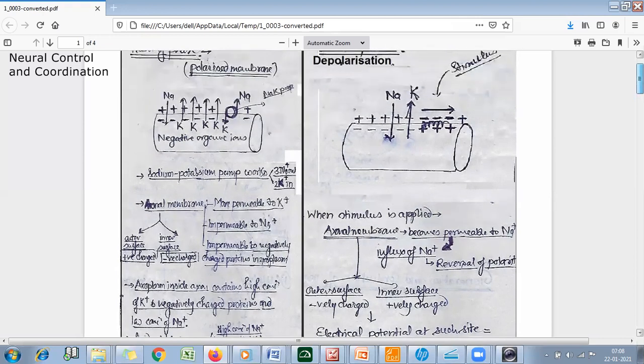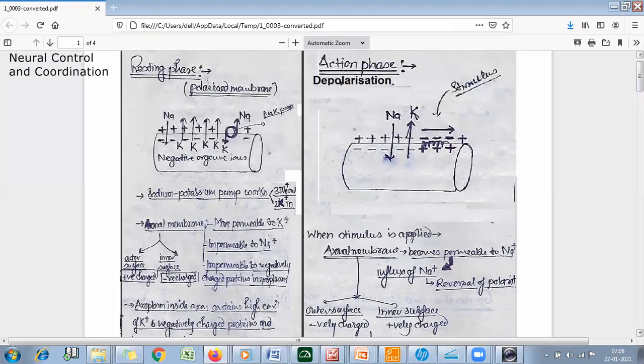So this situation has been created. Now, when a stimulus comes to this nervous system or nerve cell, this phase is called the action phase, and the state is called the depolarization state.